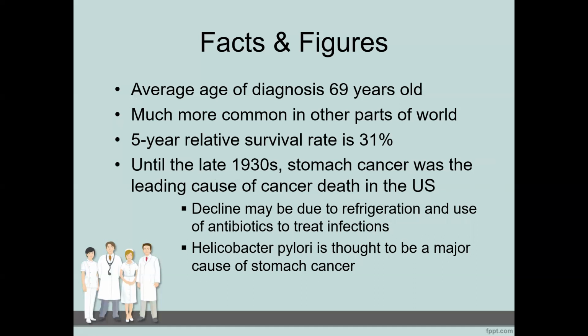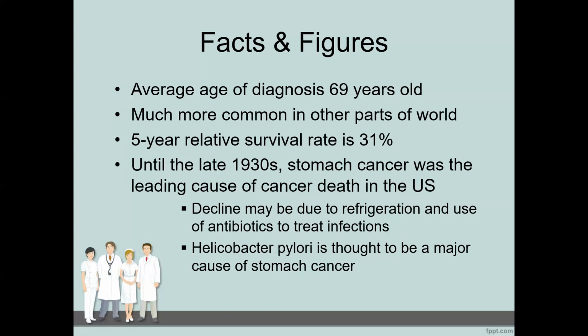Until the late 1930s, stomach cancer was the leading cause of cancer death in the United States. Reasons for this decline are not completely known, but may be linked to the increased use of refrigeration for food storage. This made fresh fruits and vegetables more available and decreased the use of salted and smoked foods.